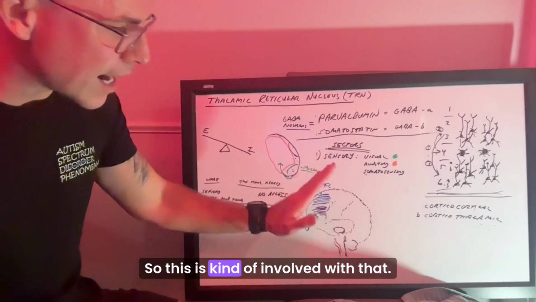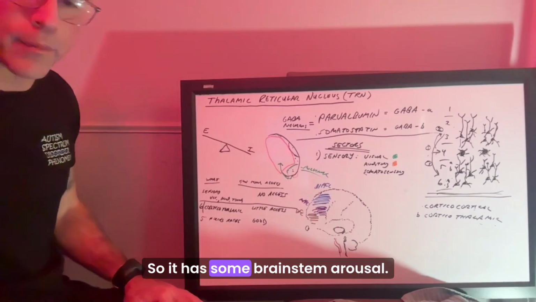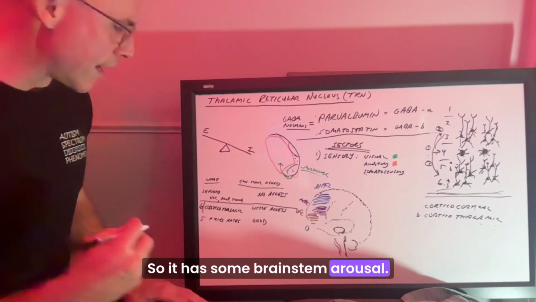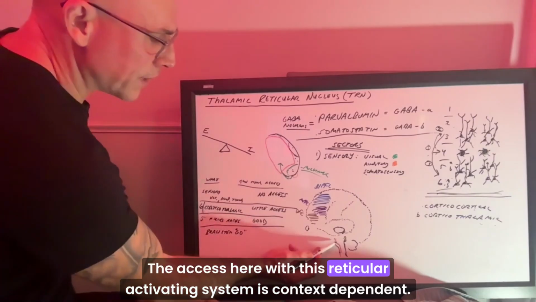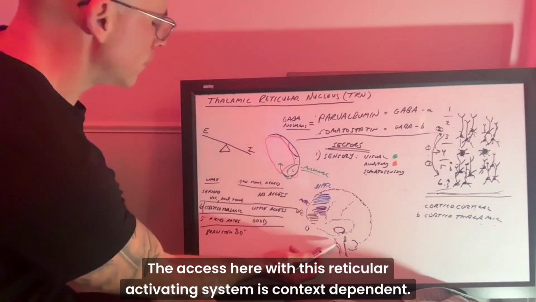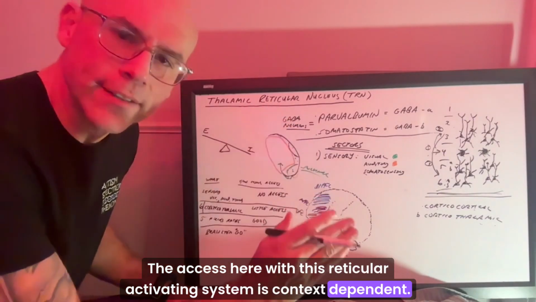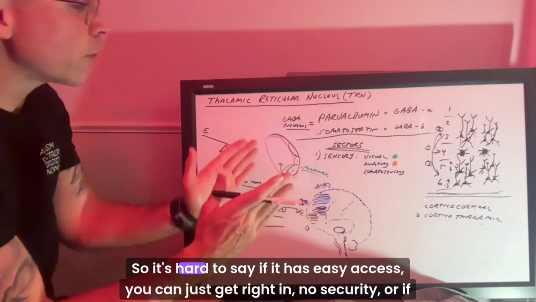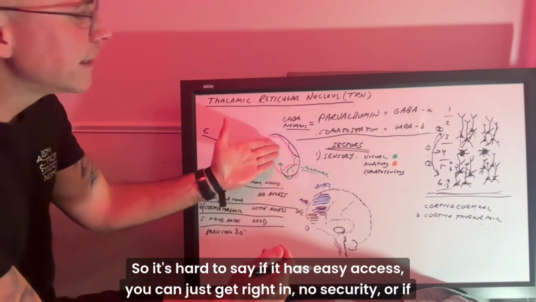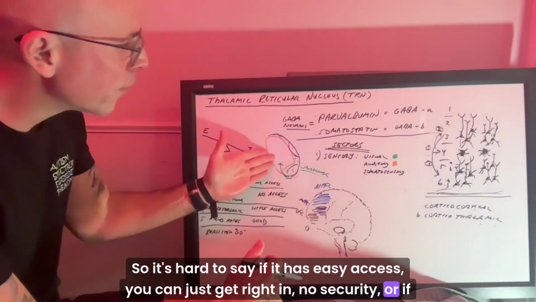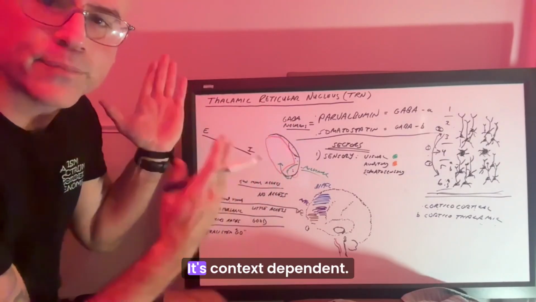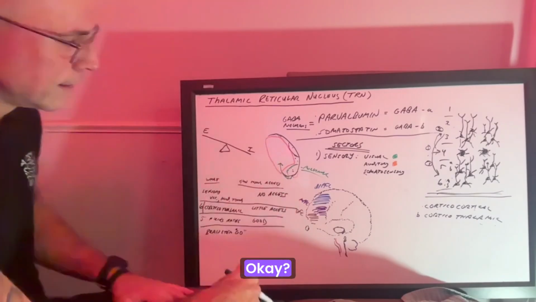So this is involved with that. So it has some brainstem arousal. Get up and go. The access here with this reticular activating system is context dependent. So it's hard to say if it has easy access, you can just get right in, no security, or if it's heavily guarded. It's context dependent.